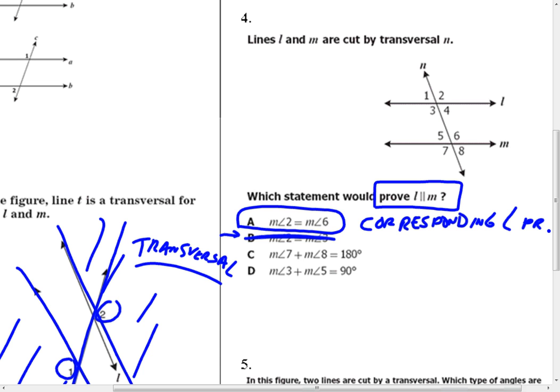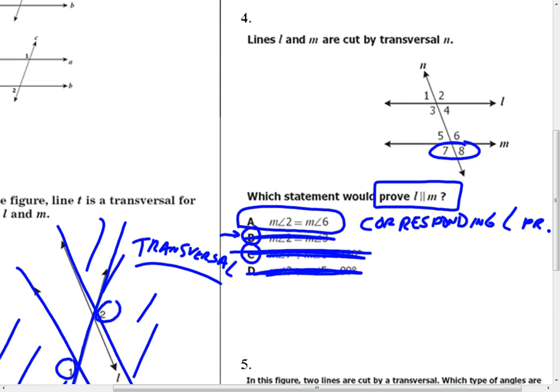7 and 8 are definitely equal to 180 because they are a linear pair. 3 and 5 do not equal 90, so we can just get rid of that. But B and C were actually true.